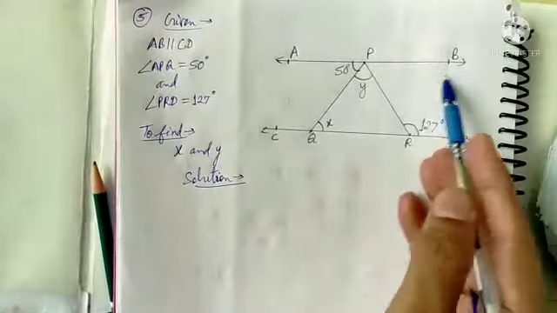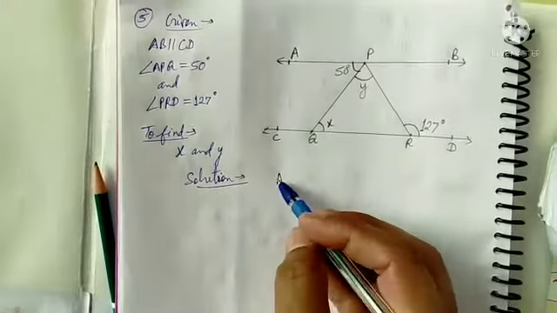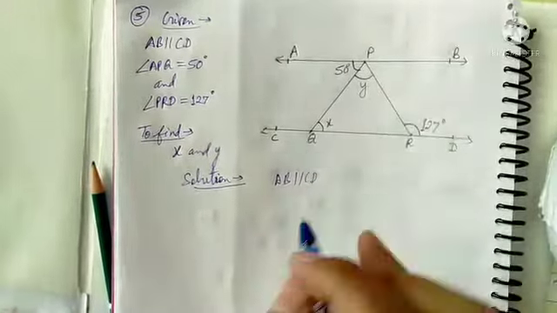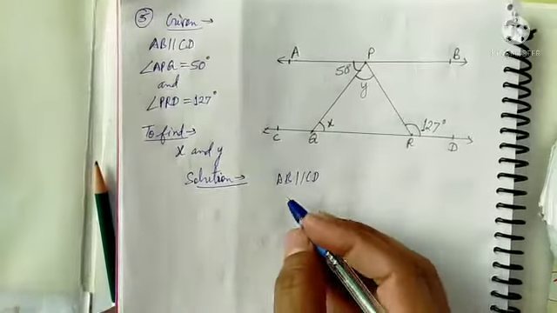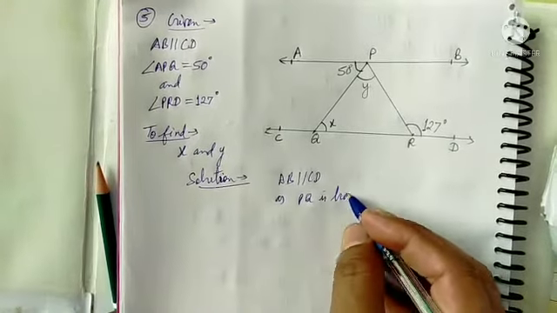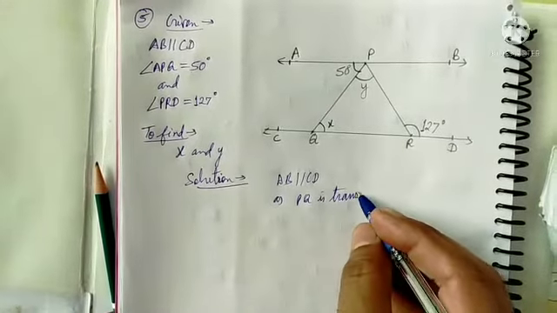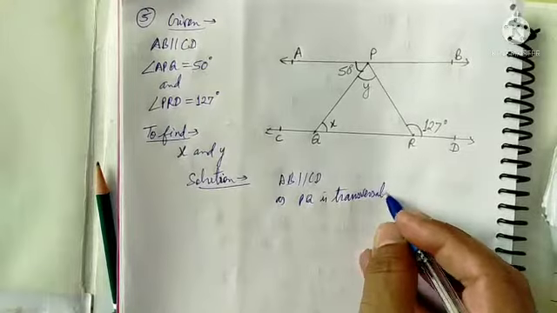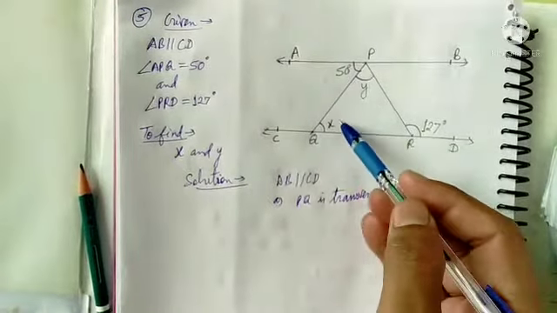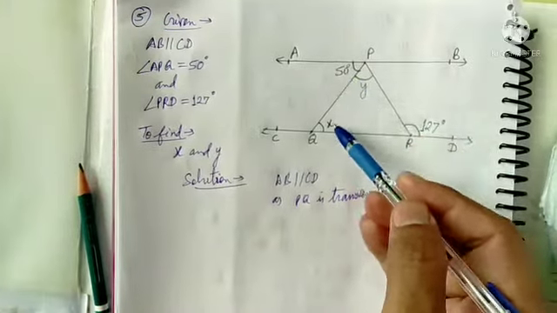You know that AB is parallel to CD. See, AB parallel to CD is given, and PQ is a transversal. So we can say, what is the relation between angle 50 and X?